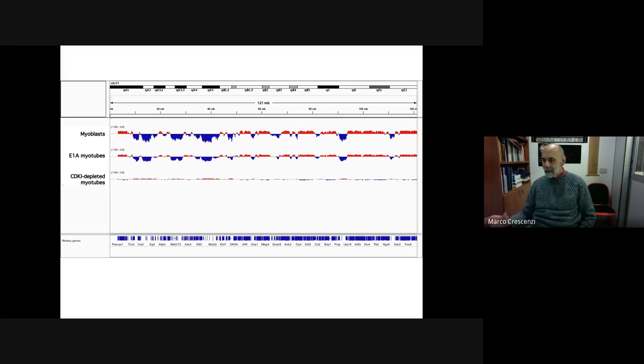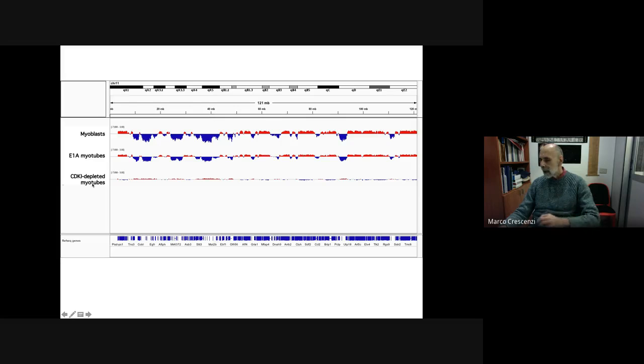And the very neat answer is: CDKI depletion suppresses DNA replication timing. If you double reactivate the myotubes with E1A plus CDKI in various combinations, E1A first, or CDKI depletion first and then you add E1A, the answer is always the same. CDKI are dominant.